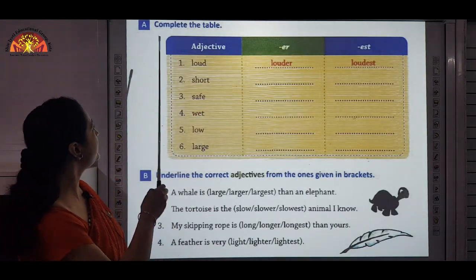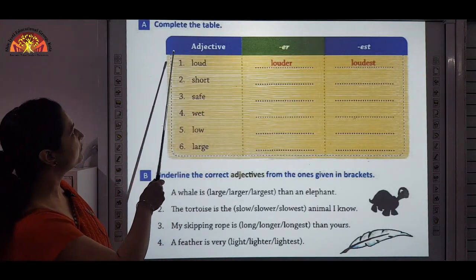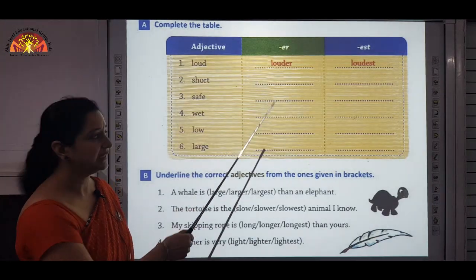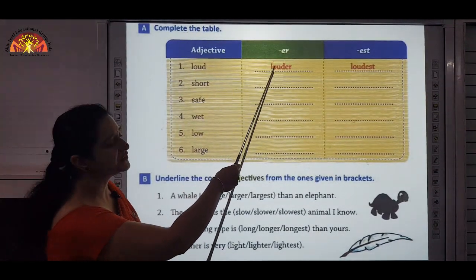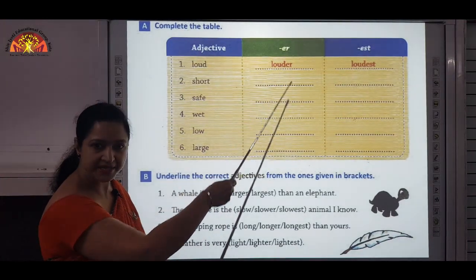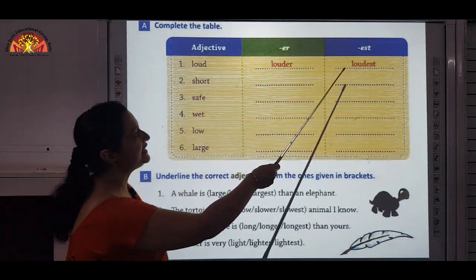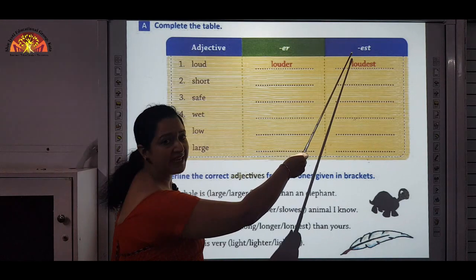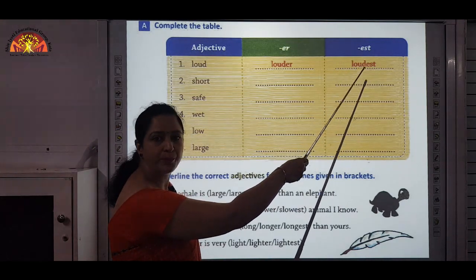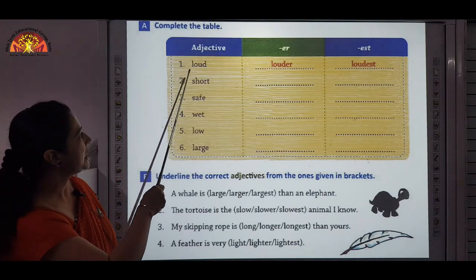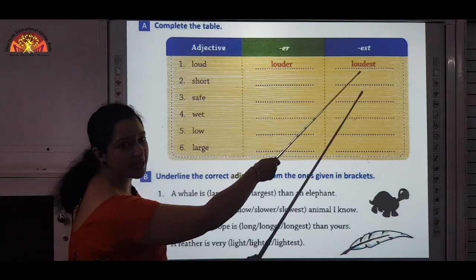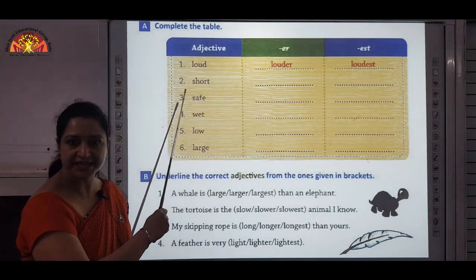Now moving to exercise A, here we have to complete the table. These are the root adjectives. These are the adjectives with er, it means comparative degree of comparison, and these are adjectives with est, it means superlative degree of comparison. Okay, number 1 is loud, louder, loudest. Loud is the root adjective.